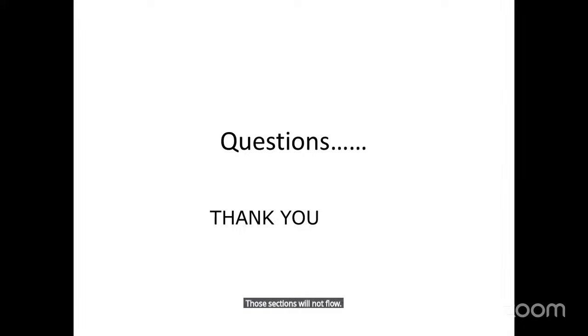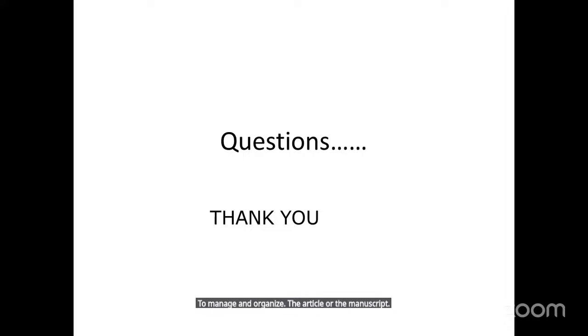The story will not flow. So you need to go back and restructure in a way that there is a smooth flow, following the study objective. Use the study objective effectively to manage and organize the manuscript.